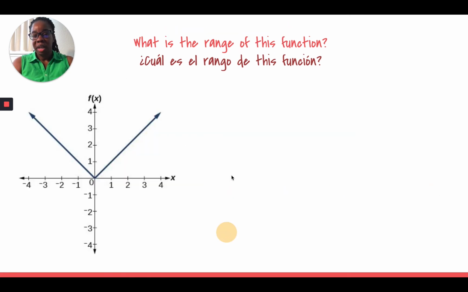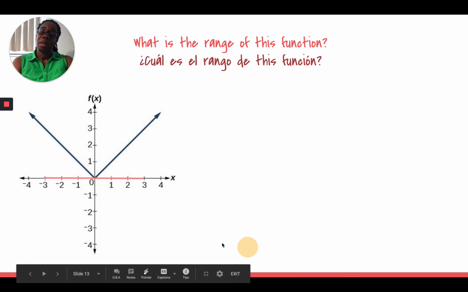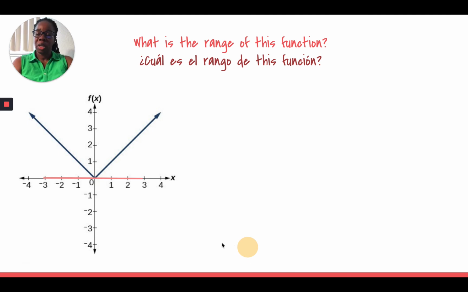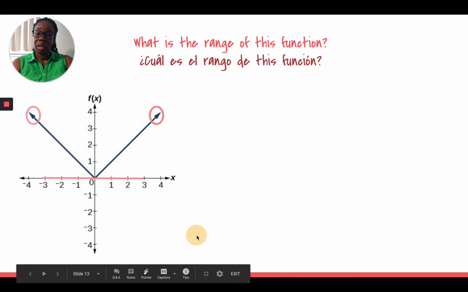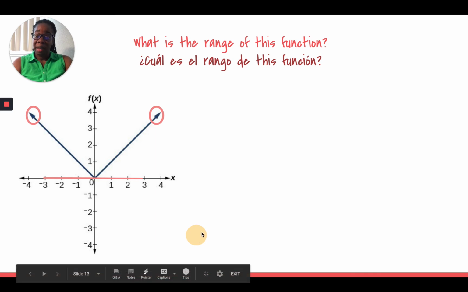What is the range of this function? Okay, so again, the range of the function is going to be all possible output values. Where do your output values start? They start at y is equal to 0. And those arrows tell us that it's going to extend indefinitely in the positive direction because it's going up.